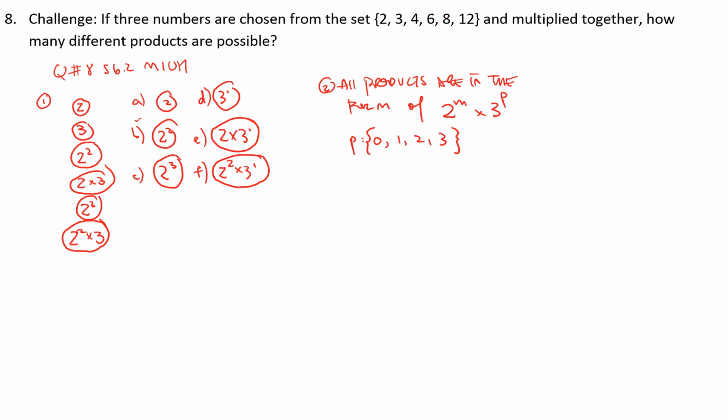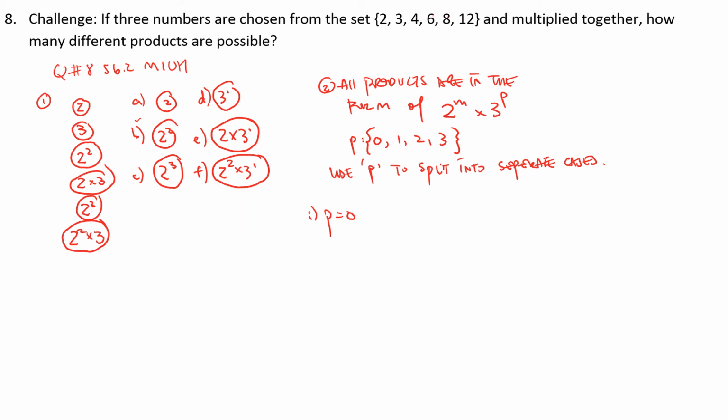So since there are only 4 different exponents you can have, I'll use p to split into separate cases. For example, case number 1, if p equals 0. If p is 0, that means you can't use D, E, or F, the ones with any powers of 3.